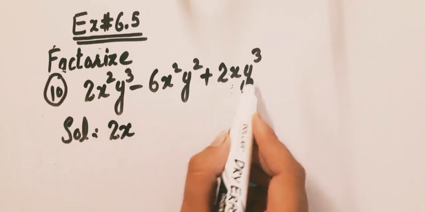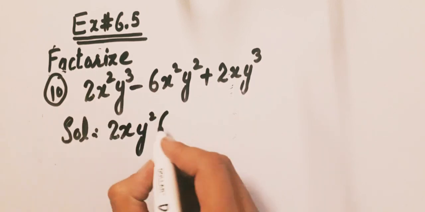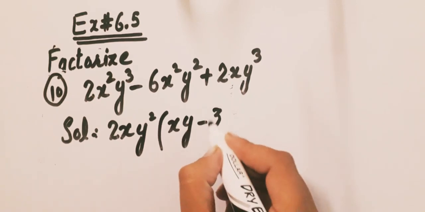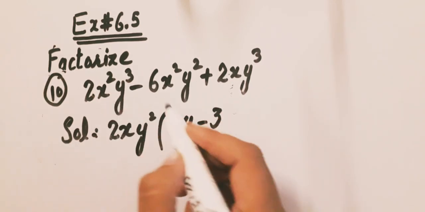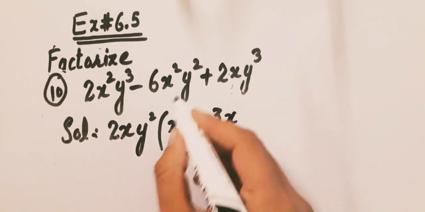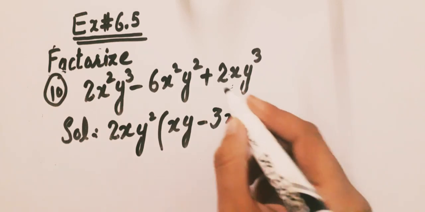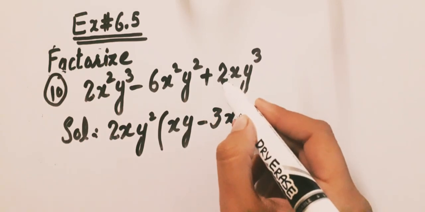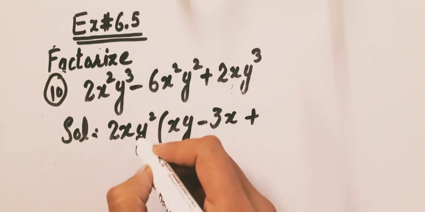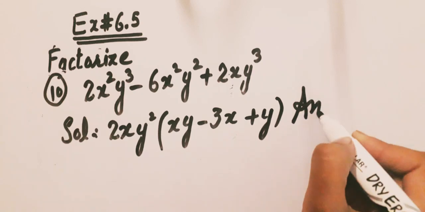Y cube, y square, y square is the smallest. So remaining terms are xy minus 3x y square is taken as common plus 2 is taken as common, x is also, and y cube, y square is taken as common, so y is remaining. This is the answer.